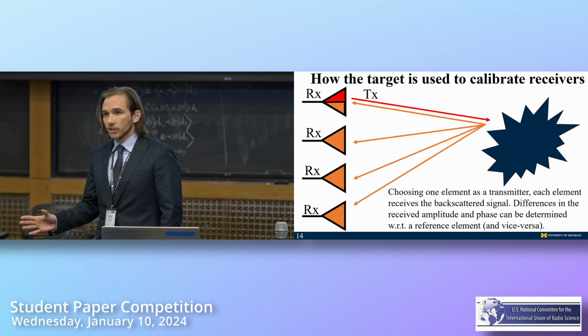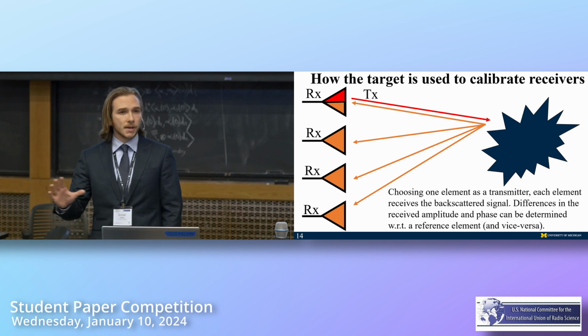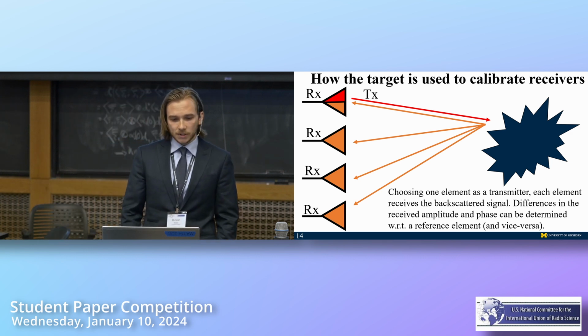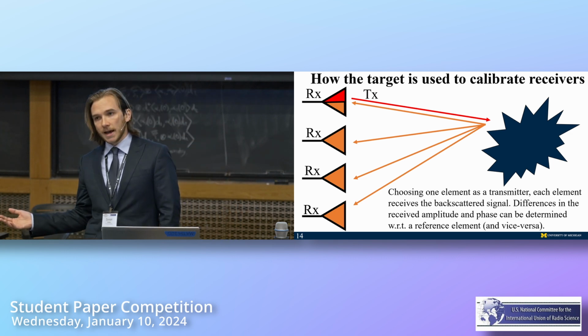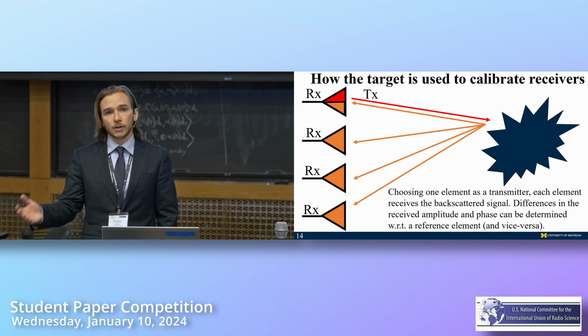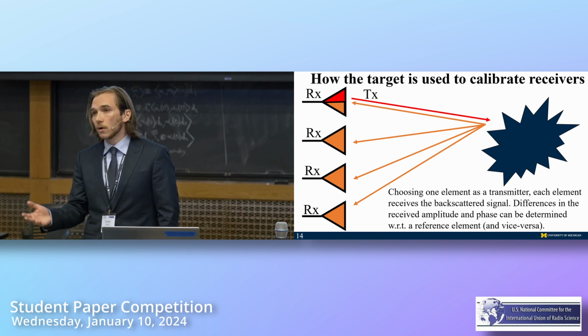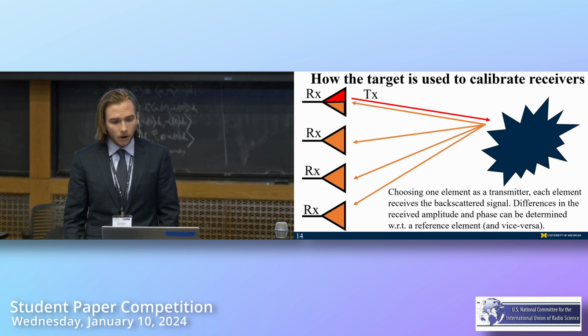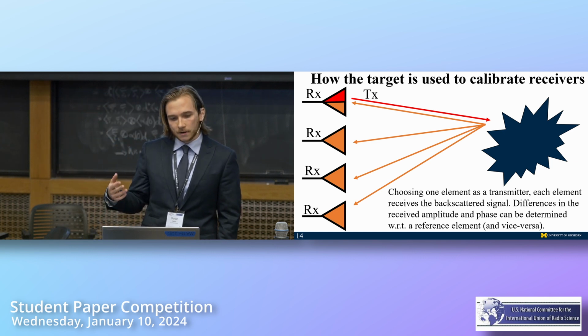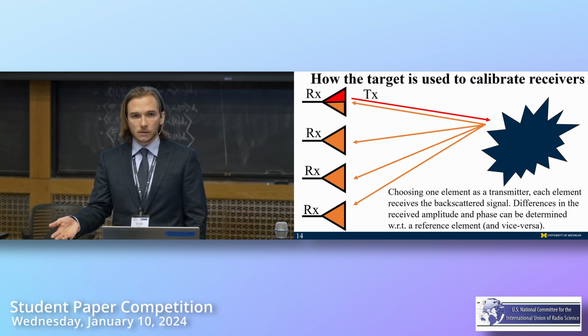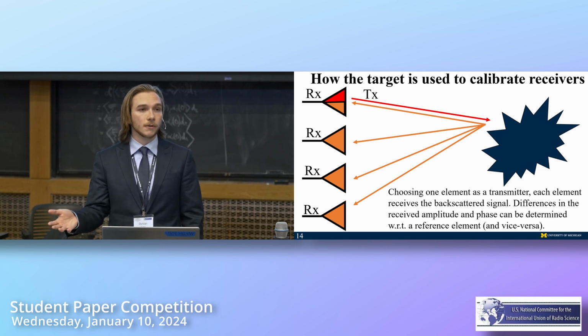So a bit more about the logistics of how the calibration would work with a general target. Consider a case where you transmit from one element, and then you receive that return signal from your target simultaneously at all of the elements. Now, you have, in this case, four received signals, and the difference between each of these received signals is due to the receiver of each element, right?